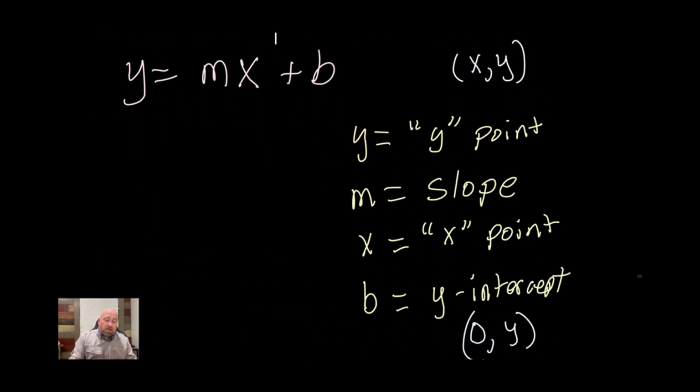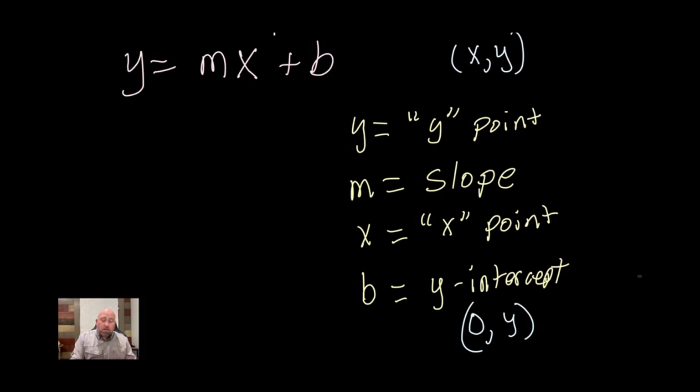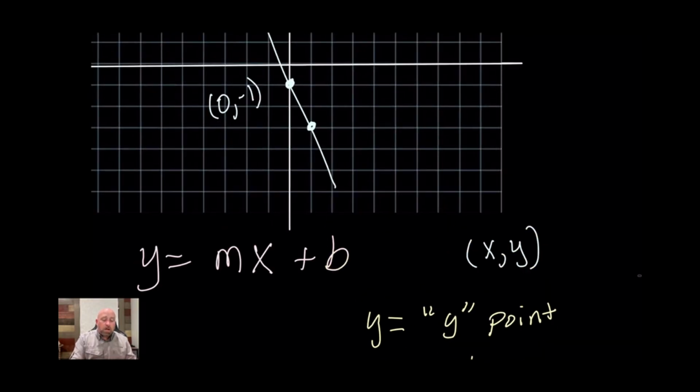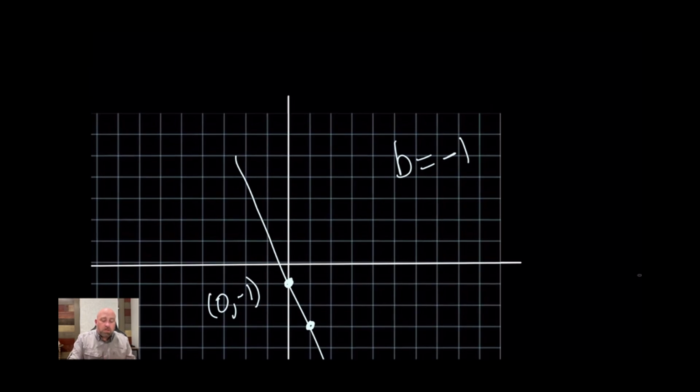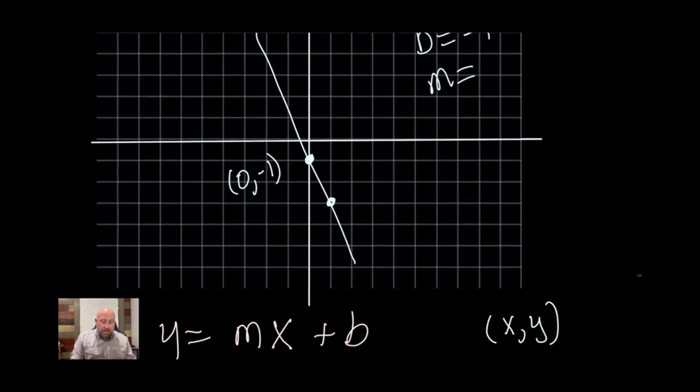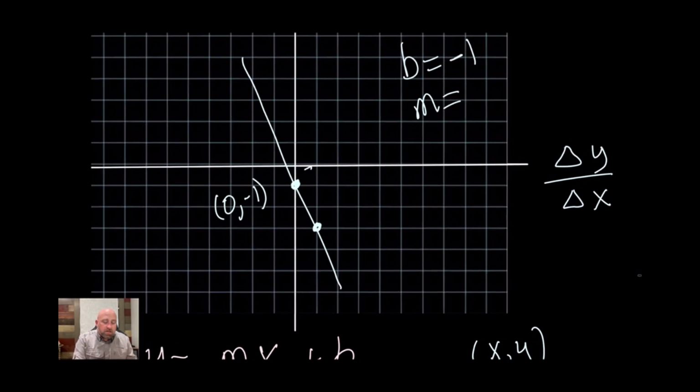Something else that we're looking for is the slope of the line, because that's part of it as well. So we're looking for the m. What does the m of this line equal? Remember how to do it: change in y over change in x. That's from the last lesson. So let's just use these 2 points right here that they gave us.